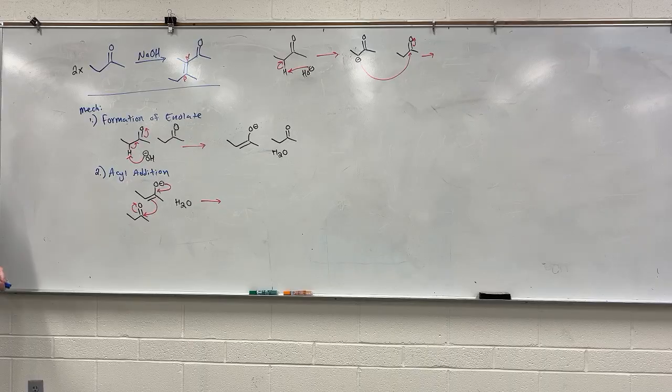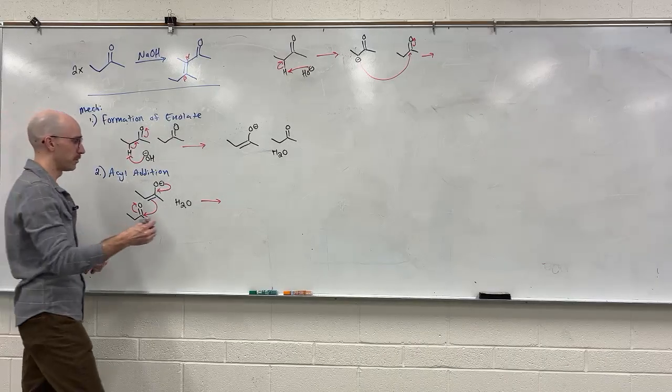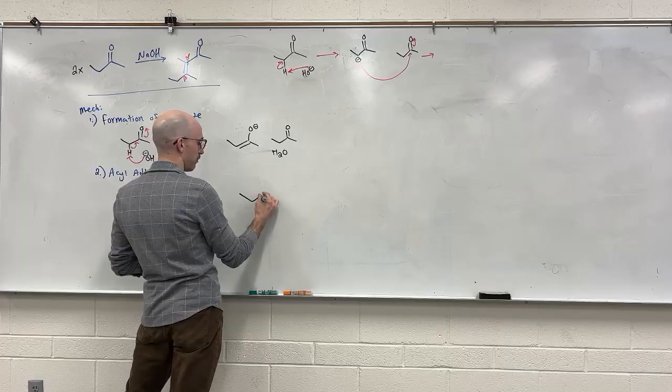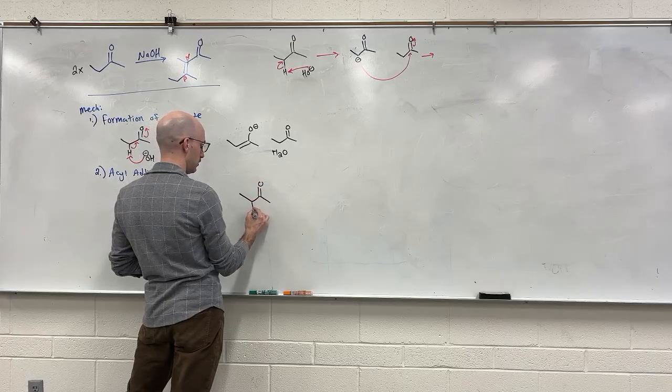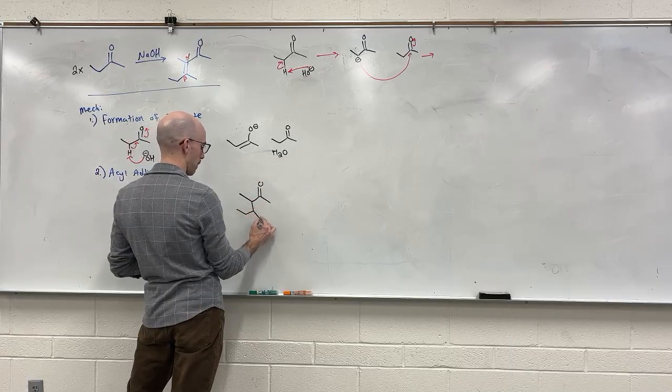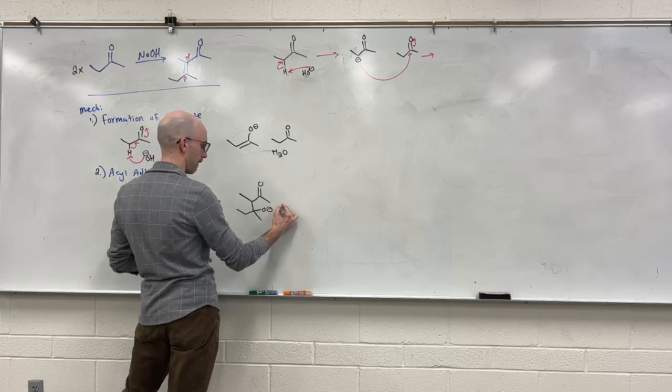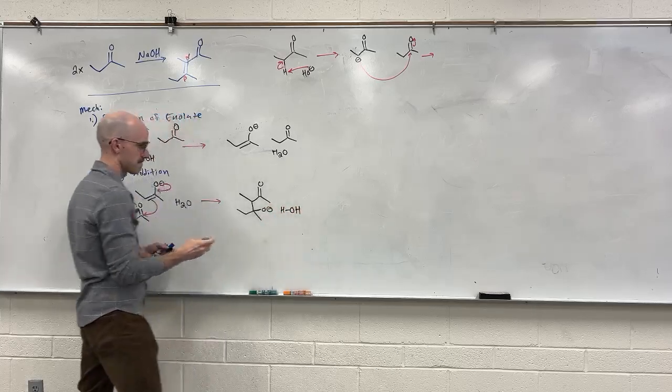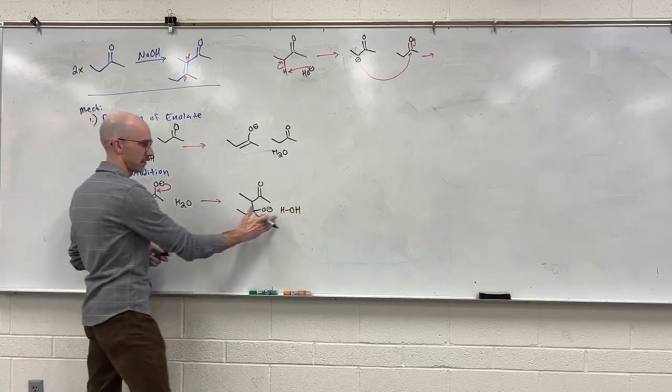Okay, I'll be honest, the intermediates are a little clunky to draw. So your bond lines are likely to get a little cumbersome. Well, I guess I didn't need to say that.